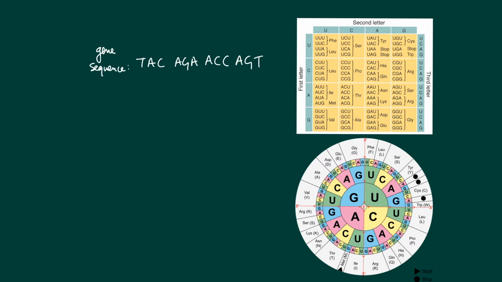Okay, so this is our gene sequence, and the first thing you need to know about gene sequences is obviously, in DNA you've got two strands, so we're going to have a complementary strand here which is going to read A, T, G, T, C, T, T, G, G, T, C, A. Okay, and these are connected by hydrogen bonds, complementary base pairing, etc., etc. But this video is not about the structure of DNA.